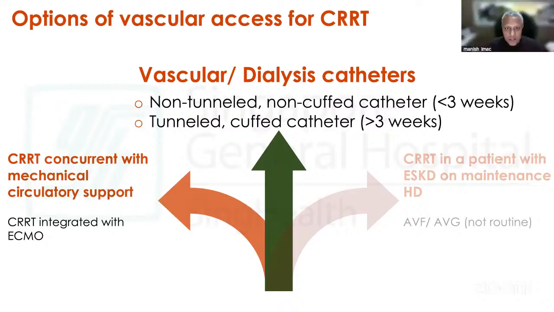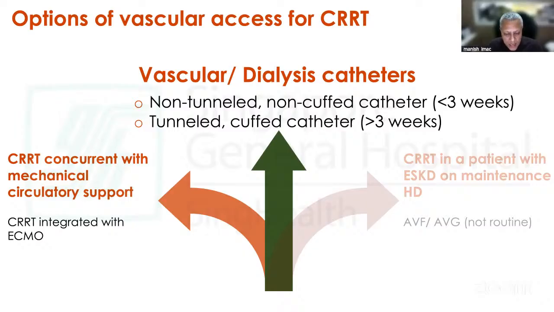Of course, in most ICU patients who are catheter or dialysis naive, we may need to establish a new access, which is generally established with a non-tunneled, non-cuffed catheter. And most times, if the duration of dialysis required is less than 2 to 3 weeks, we get away with these catheters.